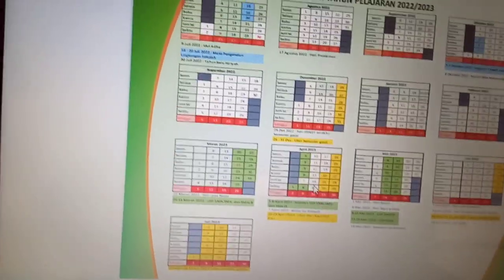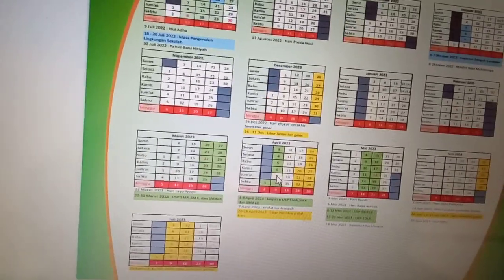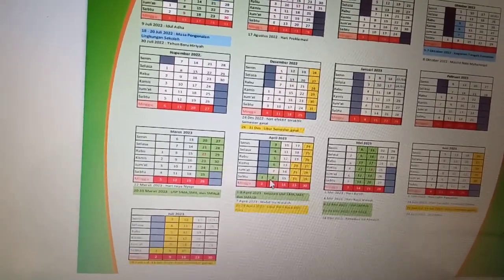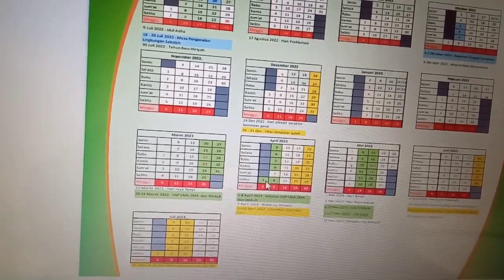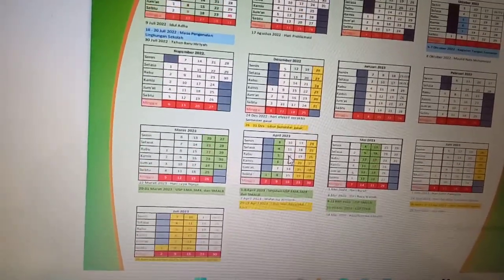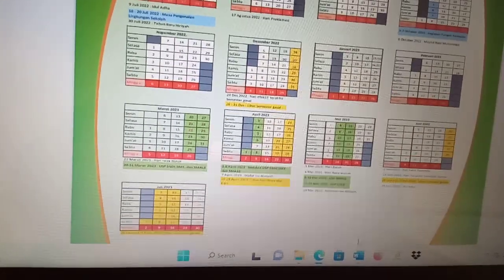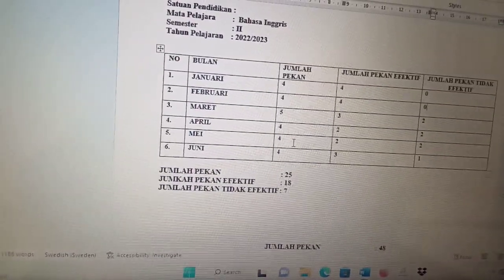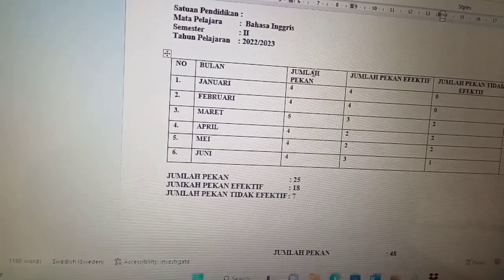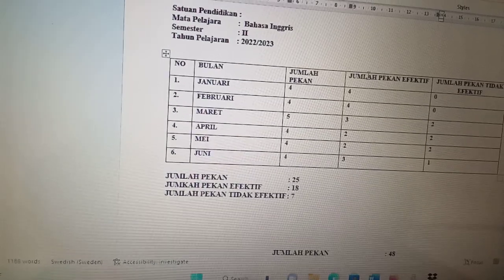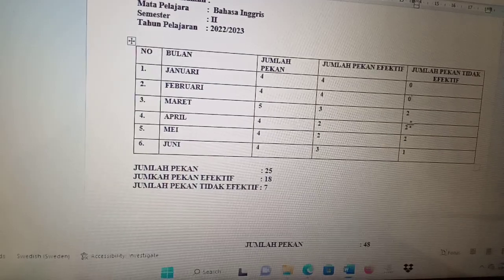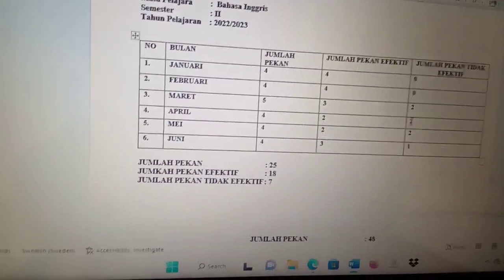In the month of April, as we can see here, there are 1, 2, 3, 4 weeks. Within these 4 weeks, there are 2 effective weeks. So we write it down here as I wrote it. 4 total of the weeks minus 2 of the effective weeks equal to 2 ineffective weeks.